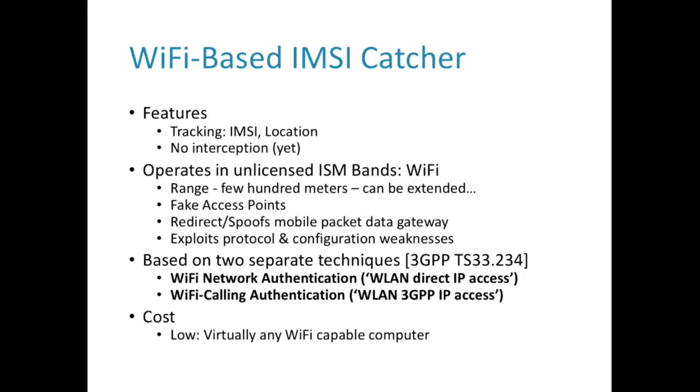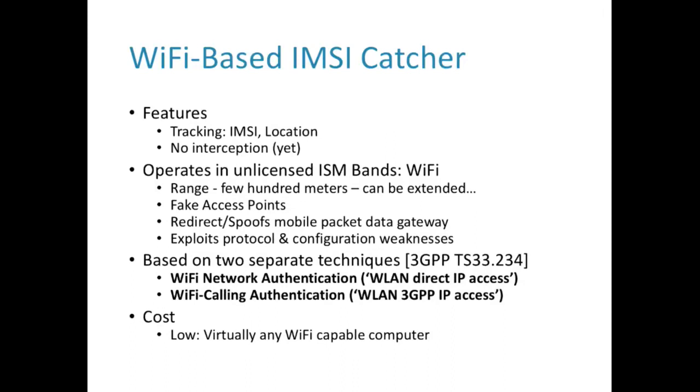So basically, as I said, the IMSI catcher is based upon two techniques. The Wi-Fi network authentication, which is one portion, is defined by 3GPP, the mobile standards body, in standard TS 33.234.